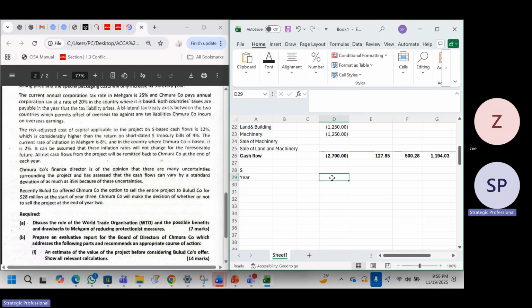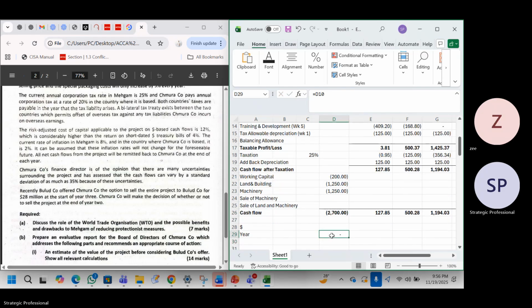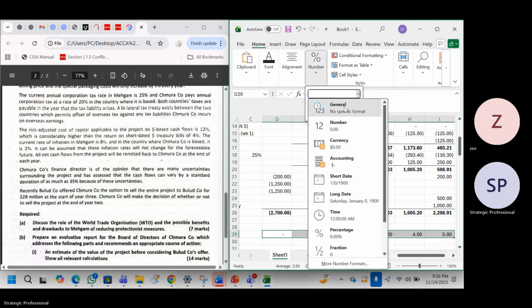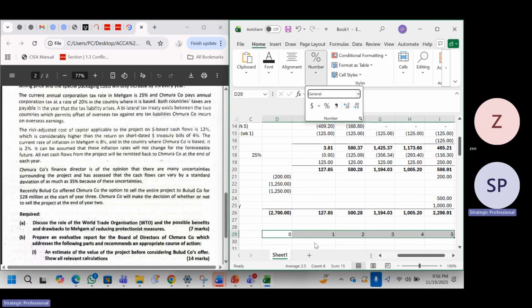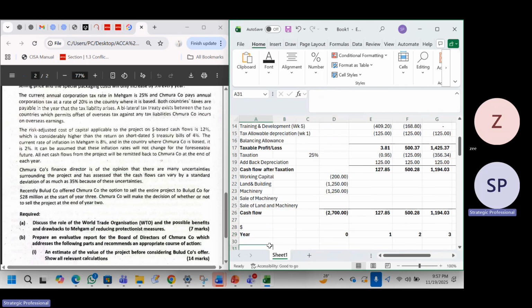And don't forget that this is year zero, as we have it, and it goes like that to year five. I make it general to make my work neat, though under exam condition, don't go and be thinking of all these ones.